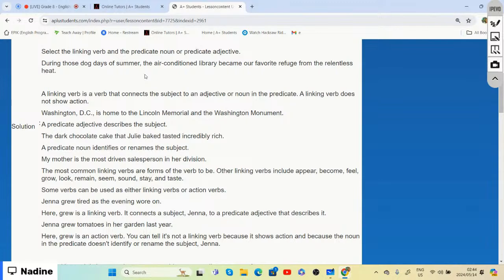And then also some of the verbs can be used as either linking verbs or action verbs, right? For example, Jenna grew tired as the evening wore on, which means that grew is a linking verb and it connects the subject, which is Jenna, to the predicate adjective that describes it.